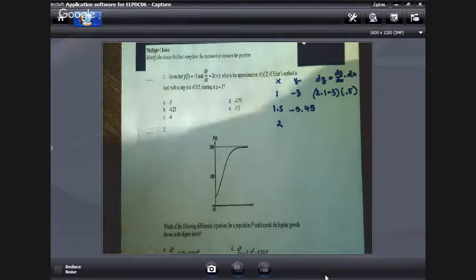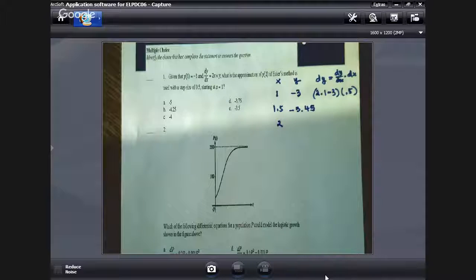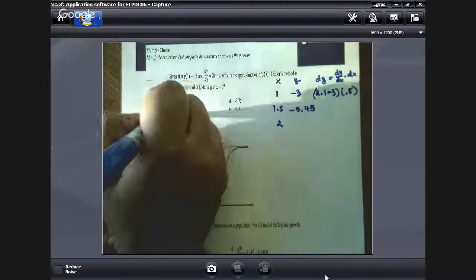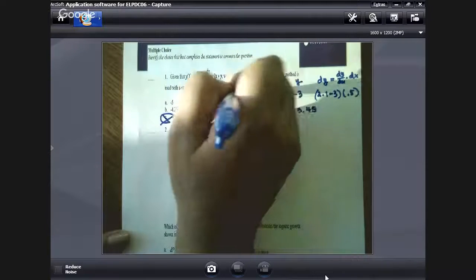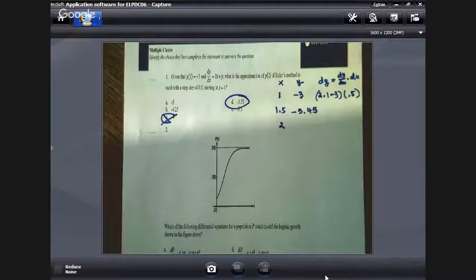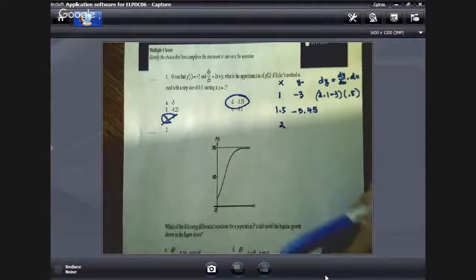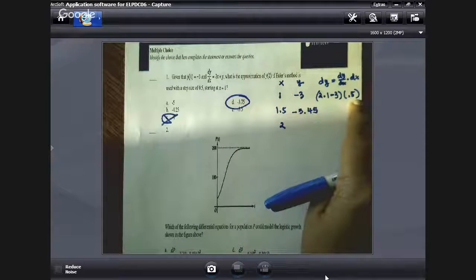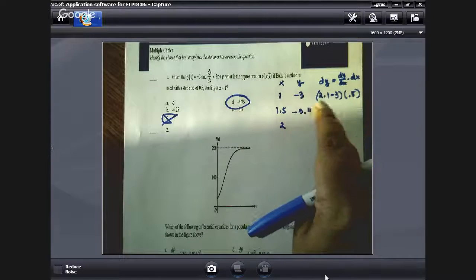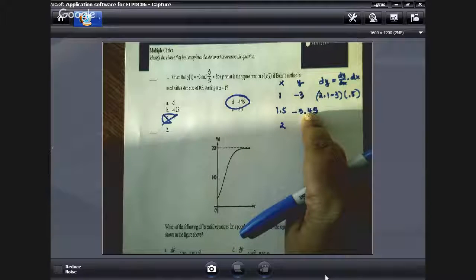Let me see. I'll go back and see what the answer is. I'm going to look it up because I have the handout with me. The answer to this one is D, -3.75. Okay. So notice that I added this dy to the y value to get the new y value.